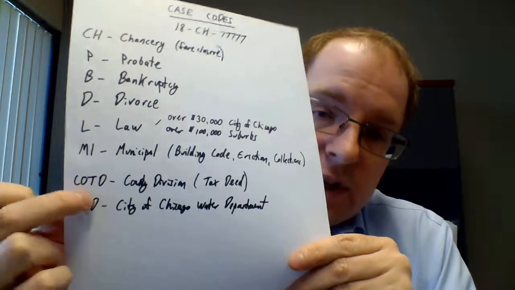COTD is the county division. It comes up because COTD is the courtroom you have to go to when you're petitioning for a tax deed. If a COTD pops up on a property, unfortunately that means the tax bill hasn't been paid for so long that whoever has been purchasing the taxes is now trying to perfect the lien and obtain the deed to the property by enforcing that tax lien.